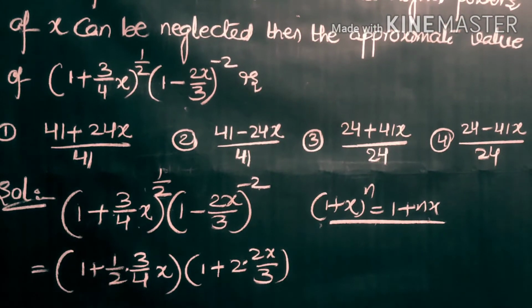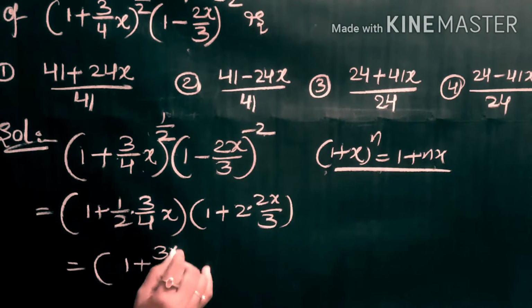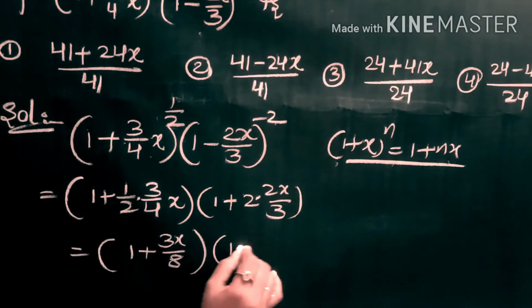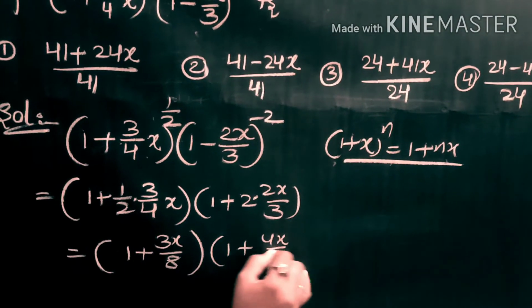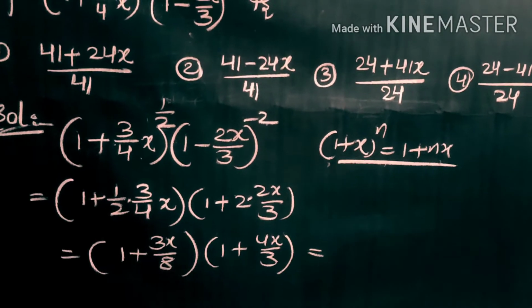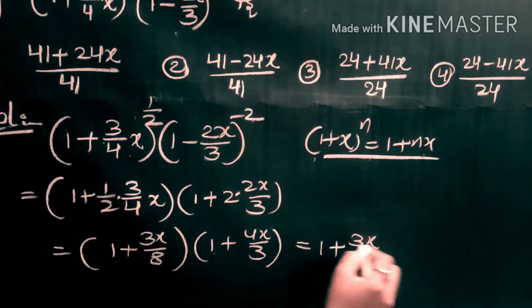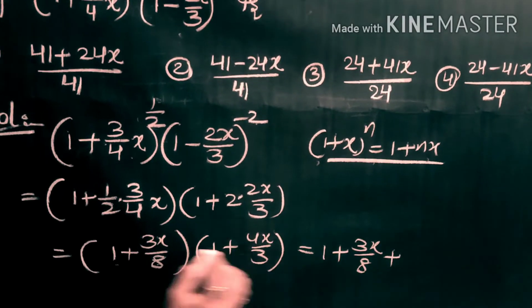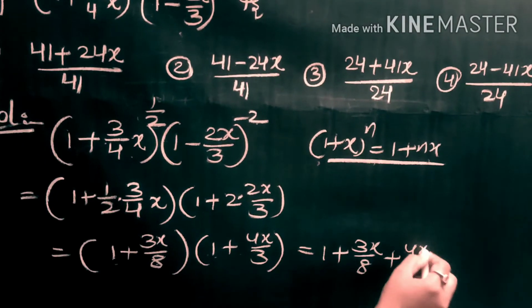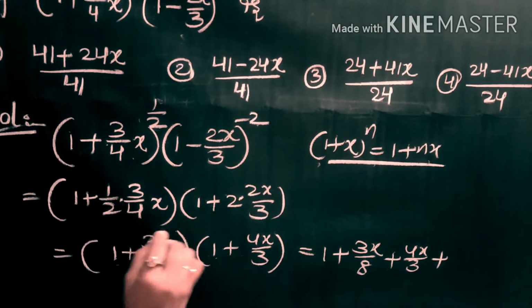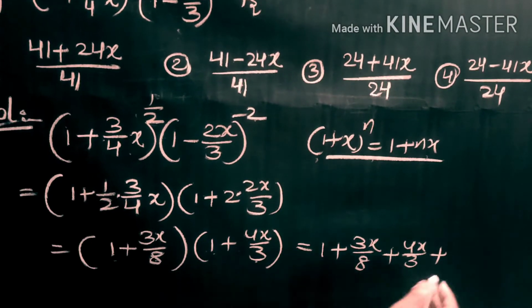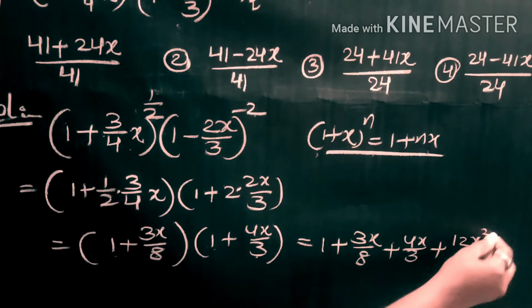This equals (1 plus 3x/8) into (1 plus 4x/3). Now taking the product of these two terms: 1 into 1 is 1, plus 1 into 3x/8, 3x/8, plus 1 into 4x/3, 4x/3, plus 3x/8 into 4x/3, that is 12x square by 24.